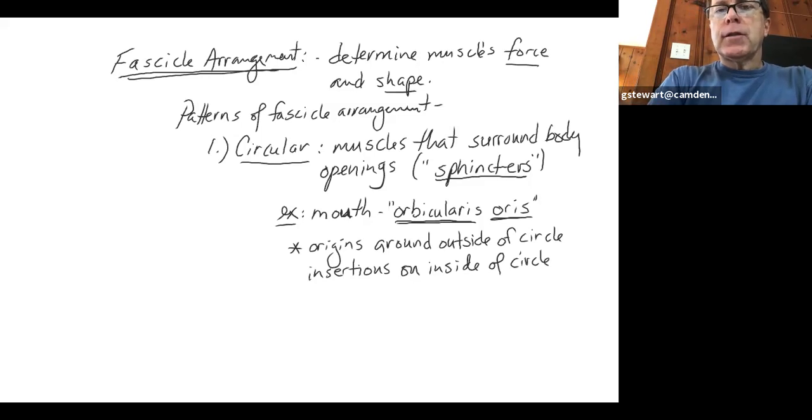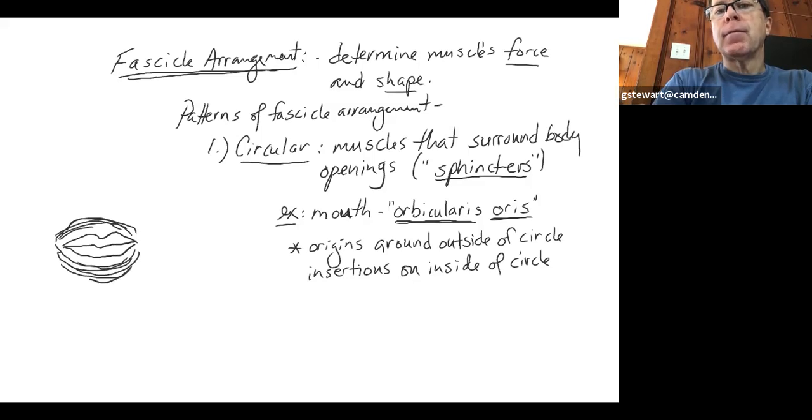So if you have a circle, I'm going to draw your mouth, there's your lips. Around your mouth are a group of muscles, and the fascicle fibers run in this direction. That enables you to control your lips. Beneath the skin, we have this circular muscle called the orbicularis oris.